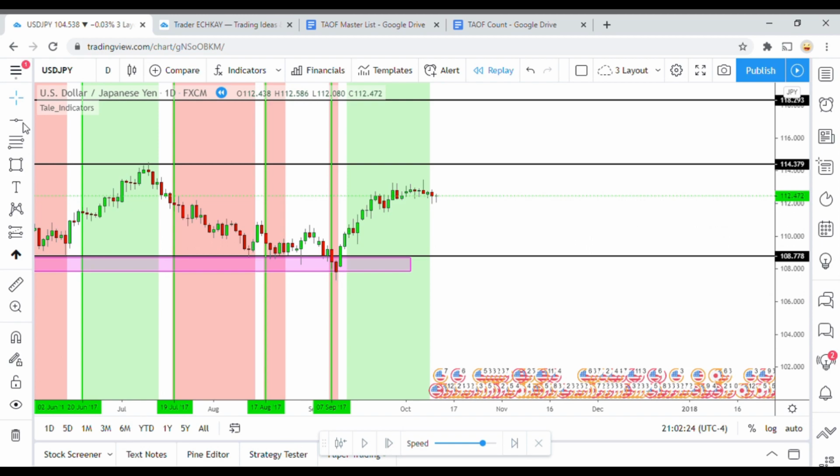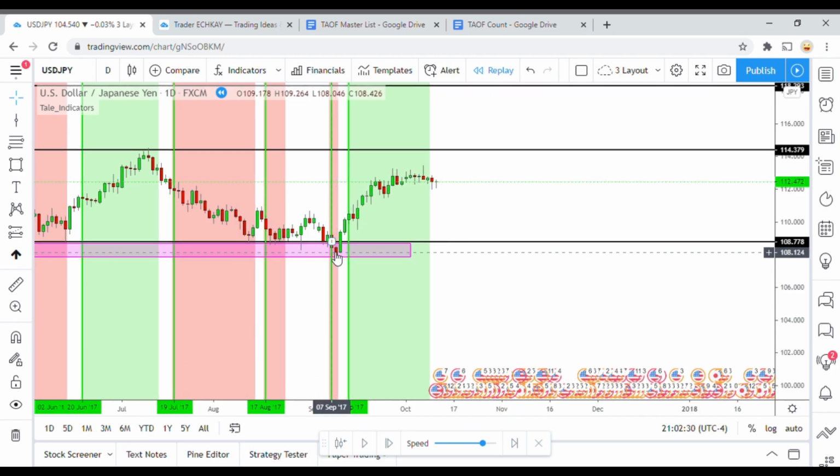There you have it. Kind of classic market maker type action right there. And so if you were a breakout trader, you got super disastrously beat up right here.